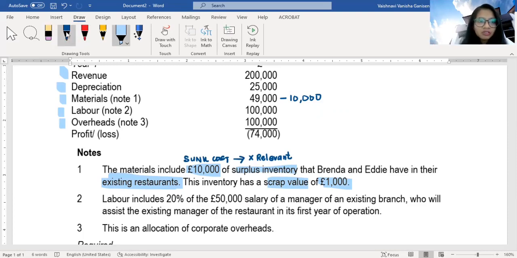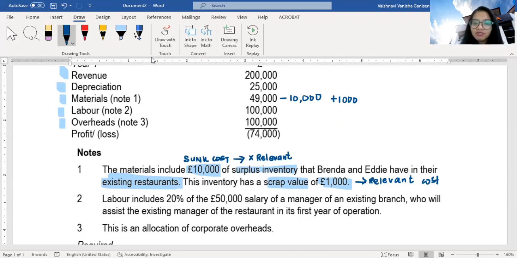So scrap value is a relevant cost, and you have to include it as part of your material cost.